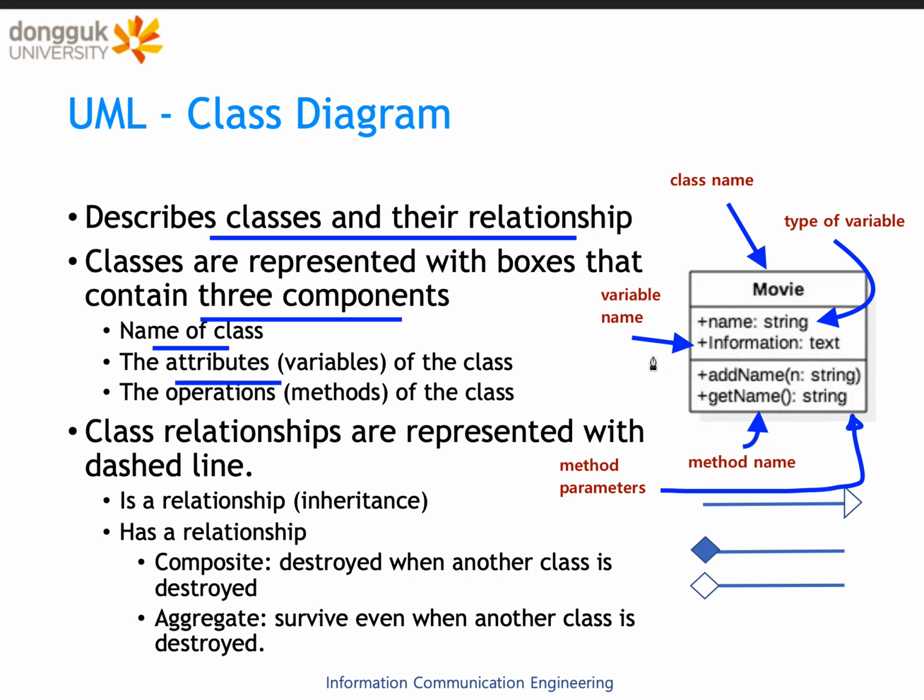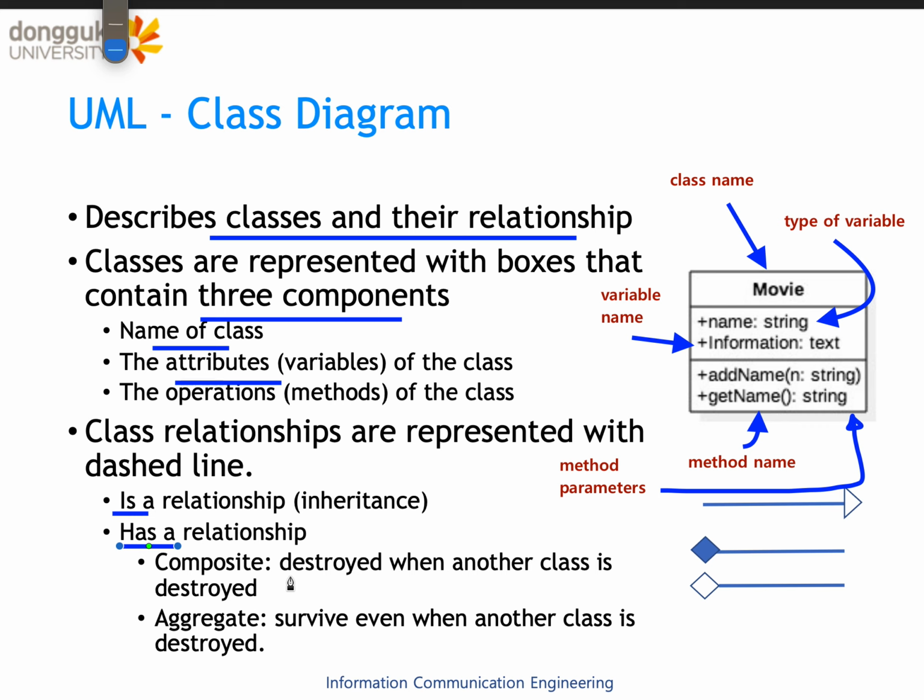Like here, okay. And also in a class diagram, there may be some kind of relationship between classes. One type of relationship is the is-a relationship. The other one is the has-a relationship. Okay, the is-a relationship is a kind of inheritance.